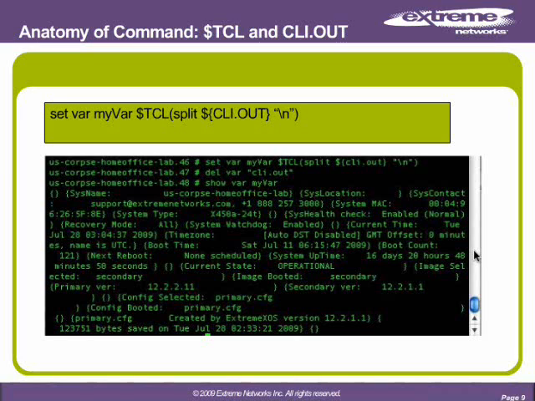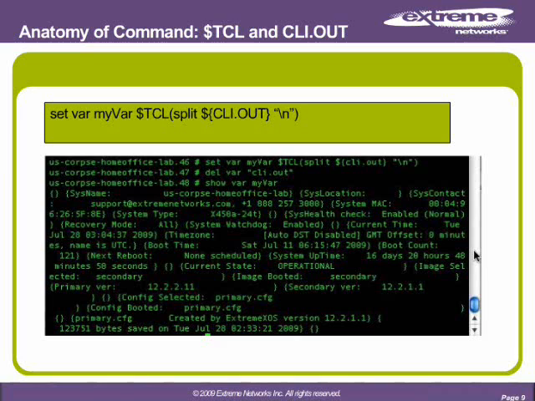Now if you'll see, the first set of brackets is empty. That is the starting point of the list. This is an indexed list, and that starts at 0. So when you're using your Tool Command Language functions to call to the index, remember the operating system counts from 0.